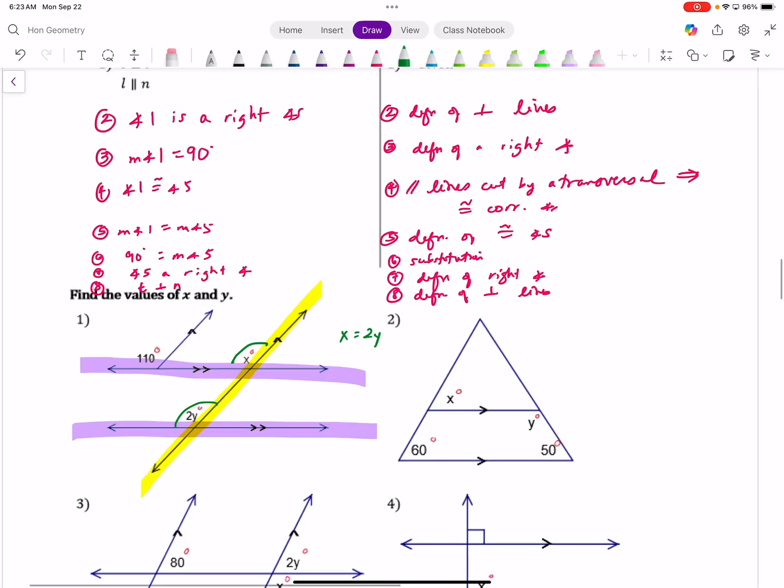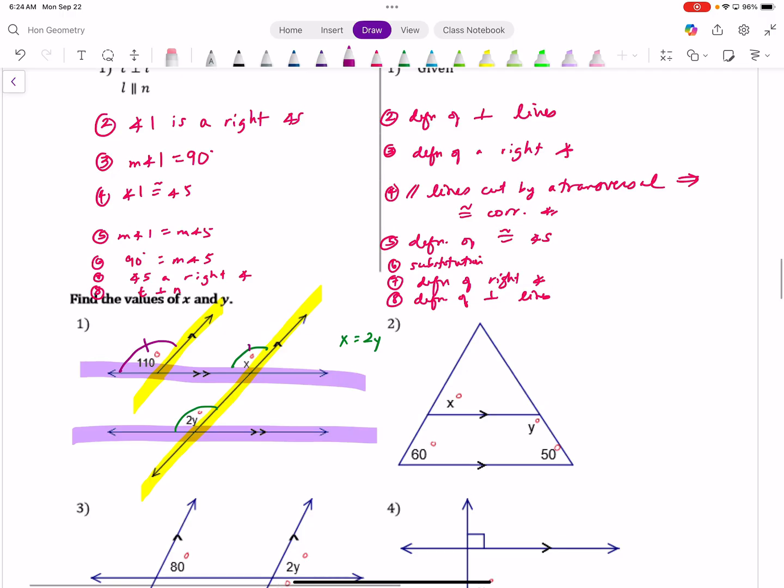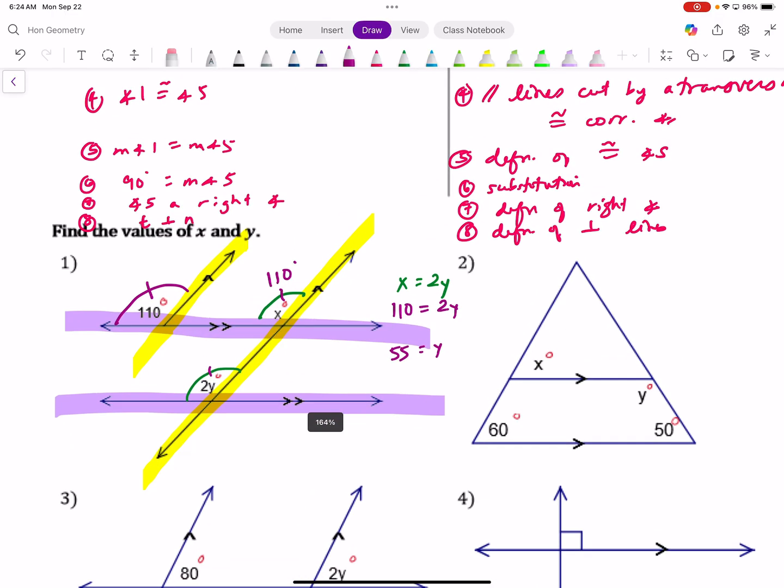If I look at the two yellow parallel lines with that purple transversal, actually I could mark them all the same because by the transitive property, these are all the same. So I know this is 110 degrees. So if 110 equals 2y, then y has to be 55. And do they have the degree signs on there? Yeah, I drew them in.